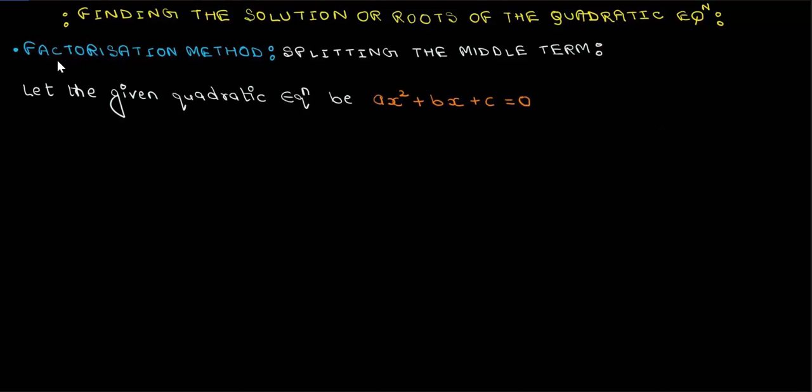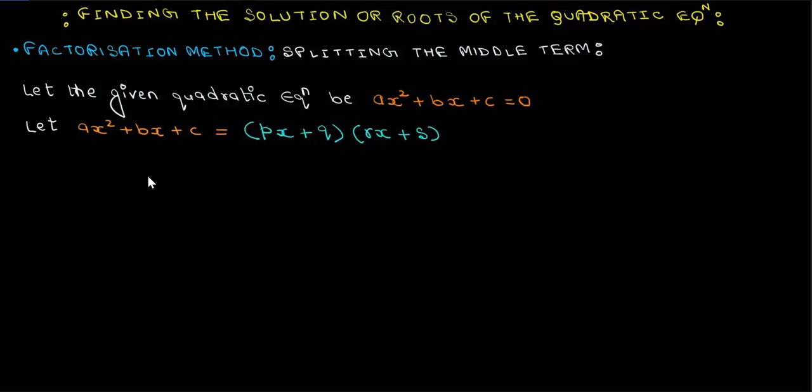The first method is the factorization method, which is the method of splitting the middle term. Let the given quadratic equation be ax square plus bx plus c equal to 0. Let ax square plus bx plus c be a product of two linear polynomials, say px plus q and rx plus s.